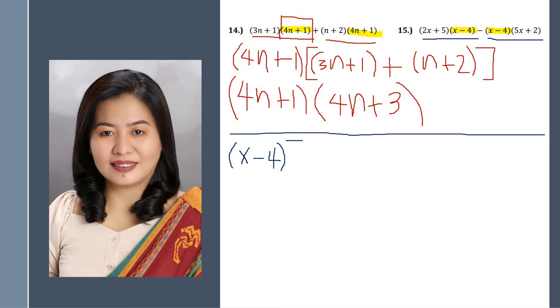Multiplied by, since we have binomials, we'll be using brackets. So (2x plus 5) minus (5x plus 2).